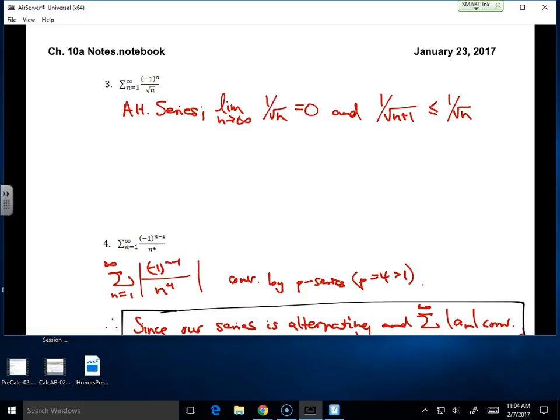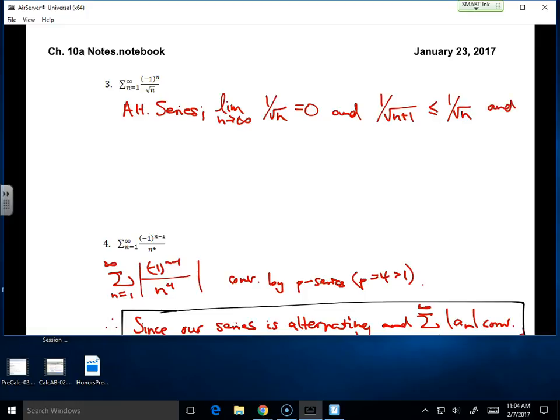So we can say, according to this, conditionally convergent. But we can't just stop there and not even test for absolute, right? How will we test for absolute? Take the limit of the absolute, see if the absolute value of the series converges.